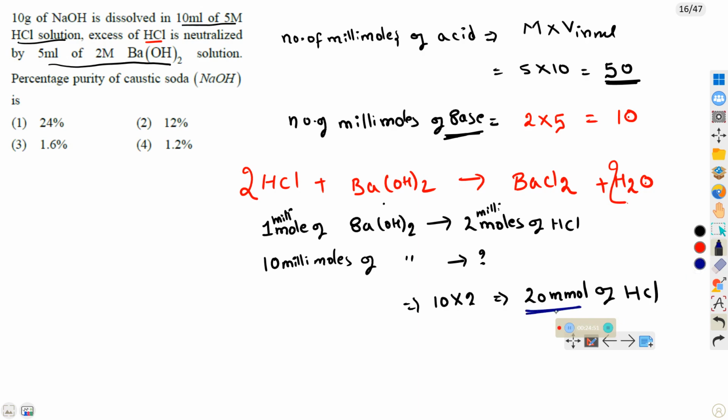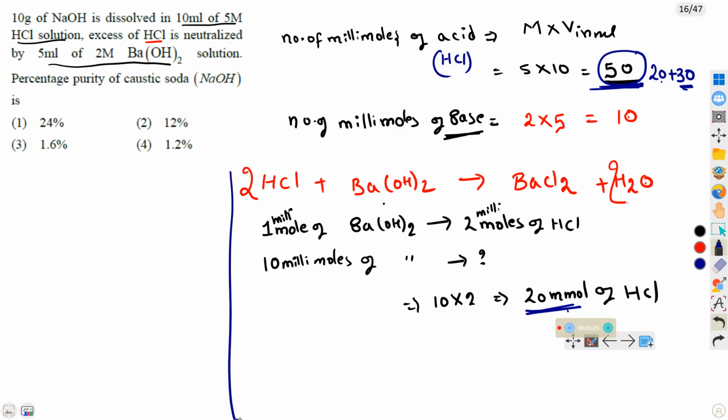20 millimoles of HCl. But here I already calculated the number of millimoles of HCl: 50 millimoles is there. But how many millimoles is sufficient? 20 millimoles is sufficient. So this 50 is also written as 20 plus 30. 20 millimoles of acid is sufficient, 30 millimoles of acid is excess.